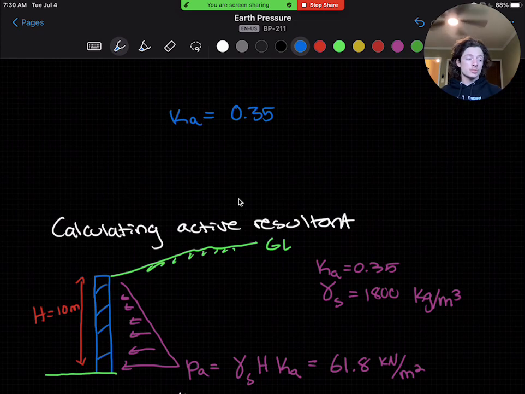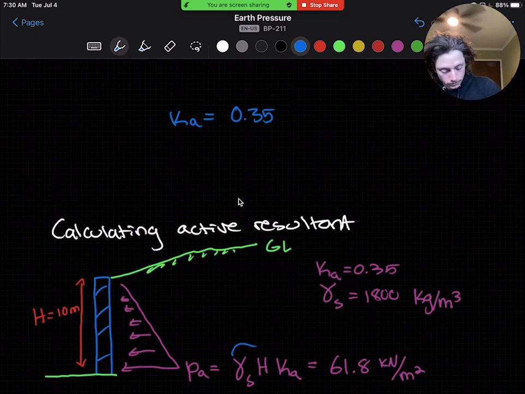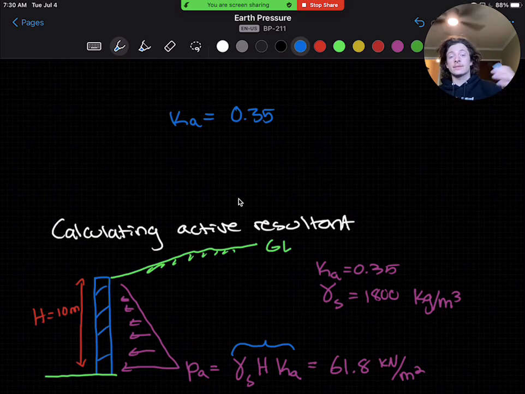So our horizontal pressure distribution is triangular with the maximum pressure of 61.8 kilonewtons per meter squared. And I get that value by the equation here. And then I'll use 9.81 over 1,000 to convert from kilograms to kilonewtons. So just make sure that's included in your calculation if you're following along.